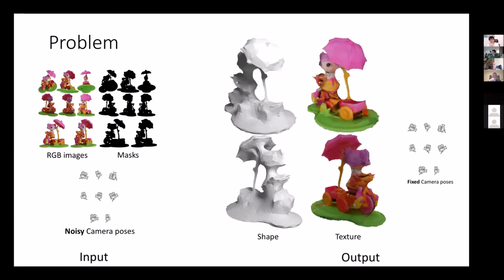If you can produce results as meshes and texture, you can use the standard machinery of the computer graphics community. So we have shape as a mesh, and then we have a texture map. And then we maybe can also correct the cameras as part of this process. Now you can do anything you like, because meshes and texture are the representation that graphics people love. So that's the problem we're trying to solve.